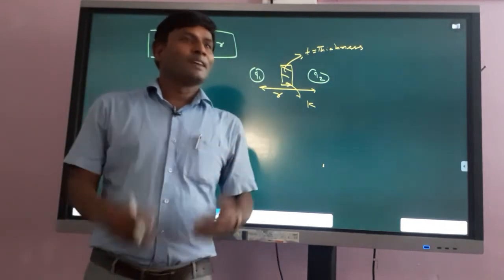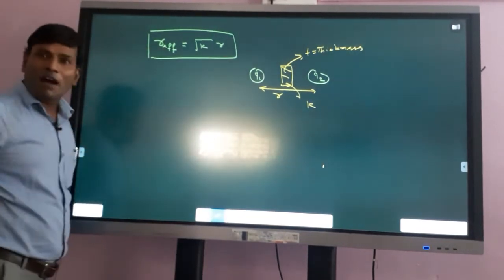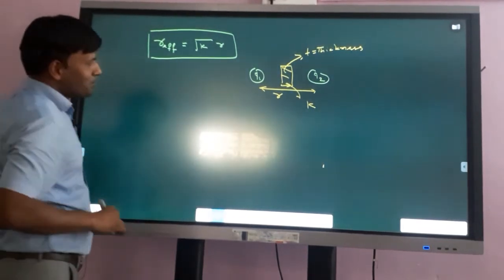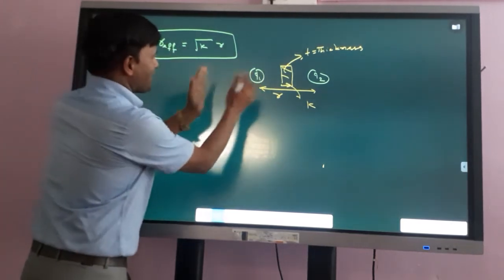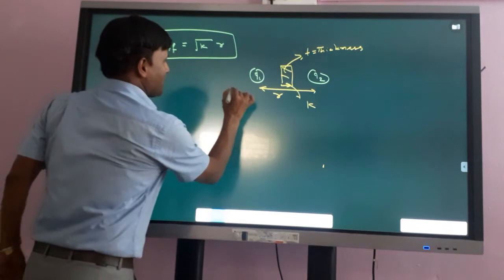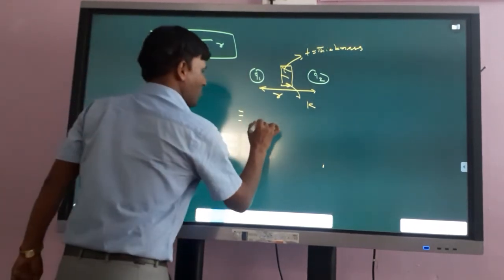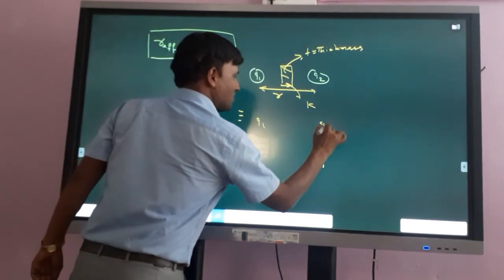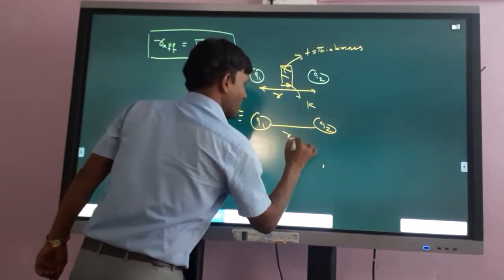So we have to calculate force between these two charged particles Q1 and Q2. You got it? Now see, we got the expression R effective, isn't it? Now we can apply this concept here. So this can be written like this: Q1 and Q2, and calculate the effective distance R effective.